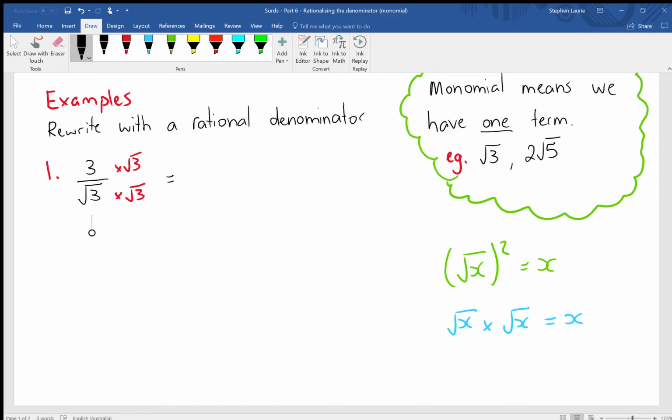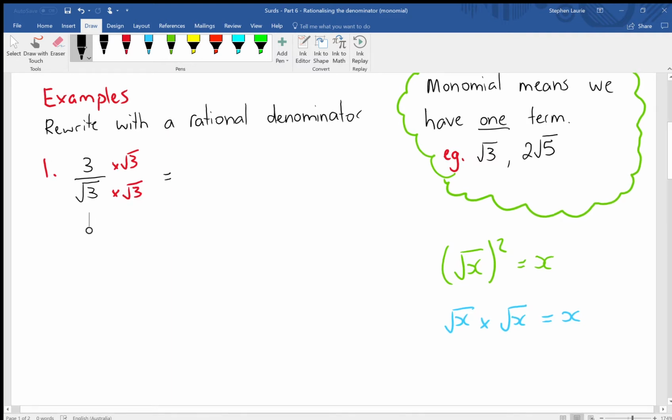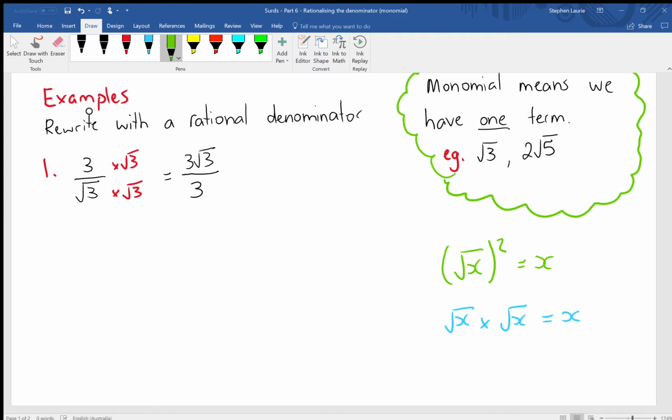Now the reason we did that is because on the denominator, we get root 3 times root 3, which is just 3. And on the top, we have 3 times root 3. Now, is there any cancelling we can do? There sure is. We can cancel this 3 with this 3, and our answer is simply the square root of 3.